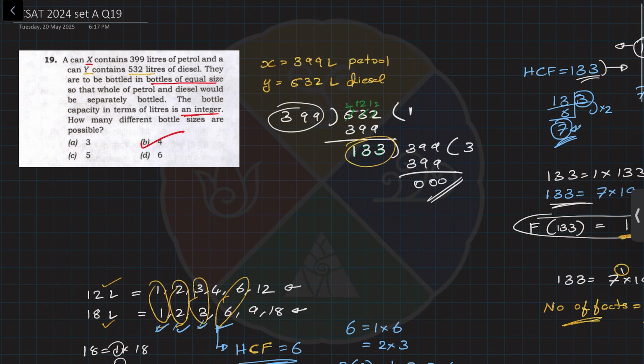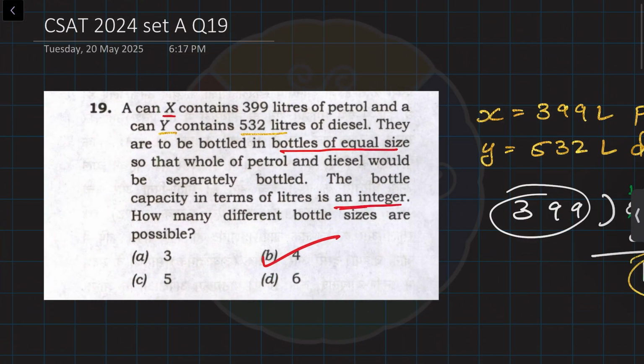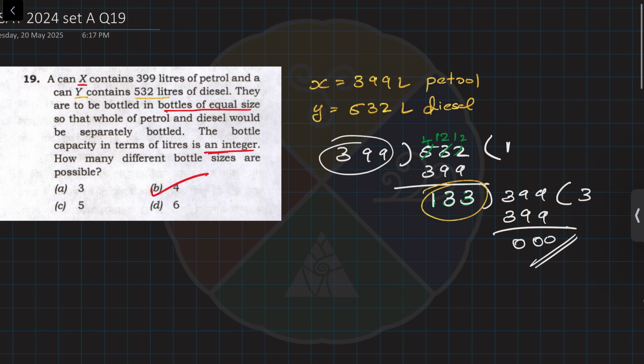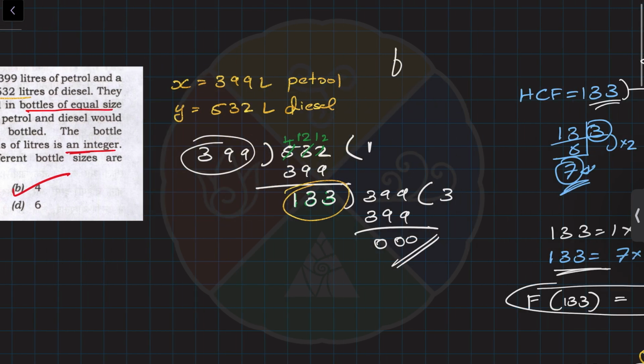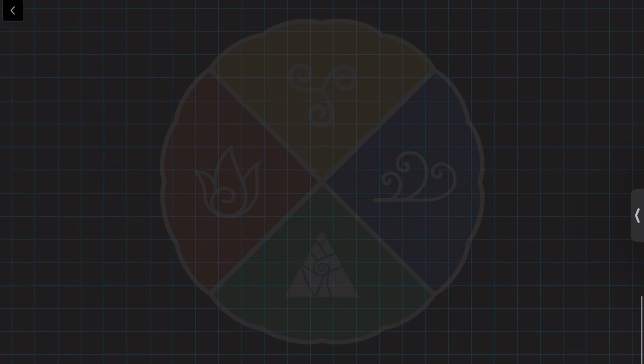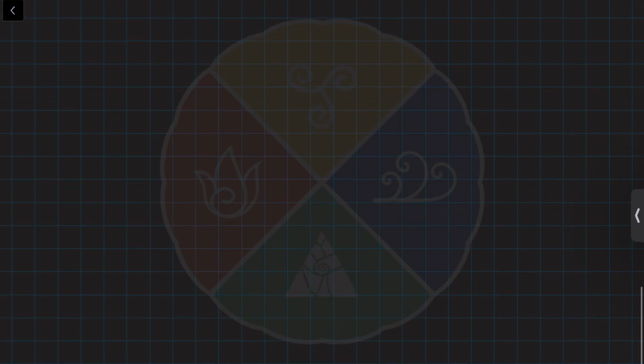Now one more thing, whenever a problem comes, if you want to identify if it is an HCF or an LCM problem, all you have to look for is whether you're looking for factors or multiples. You know factors, a number which can divide this given number is known as its factor. A multiple is something which you can create. Take any number, let's say 5.